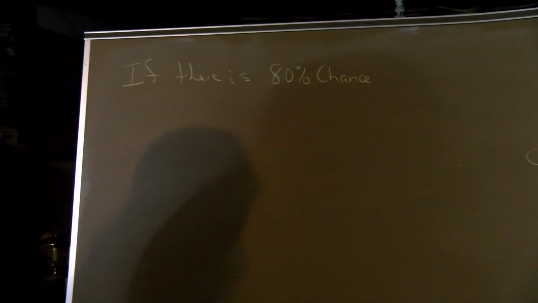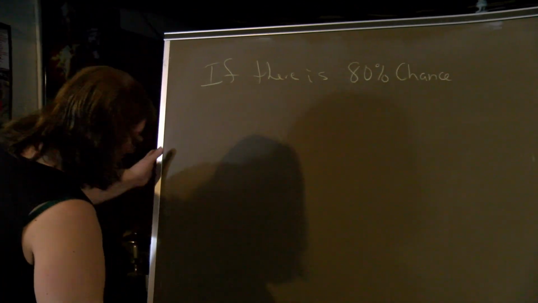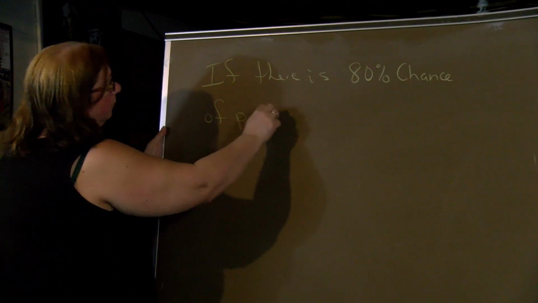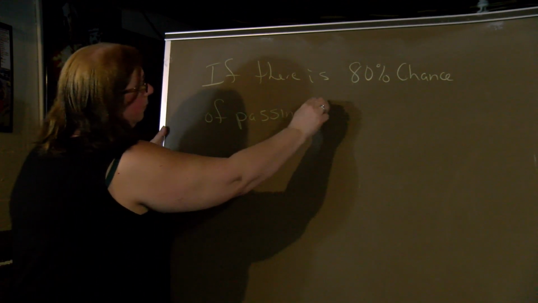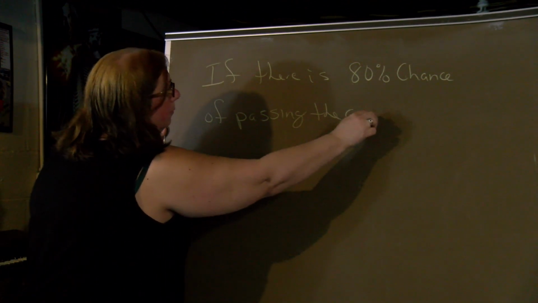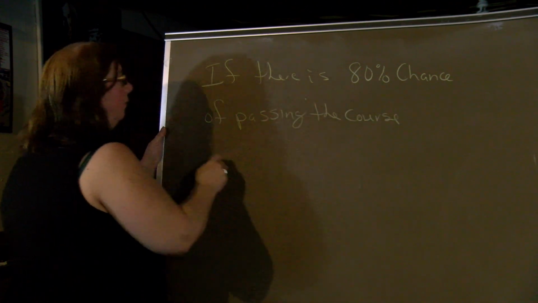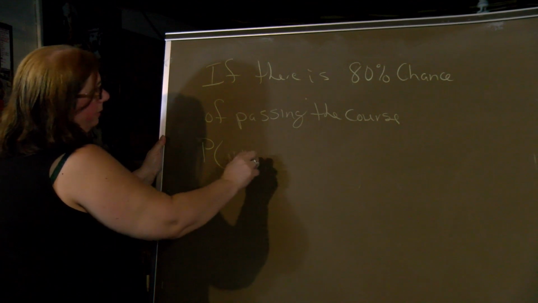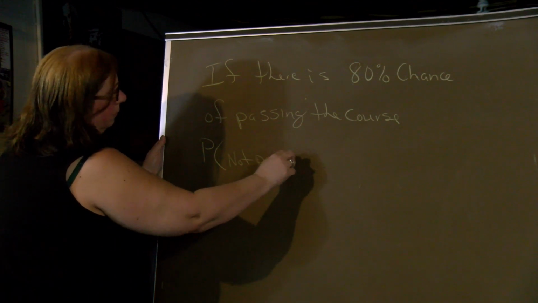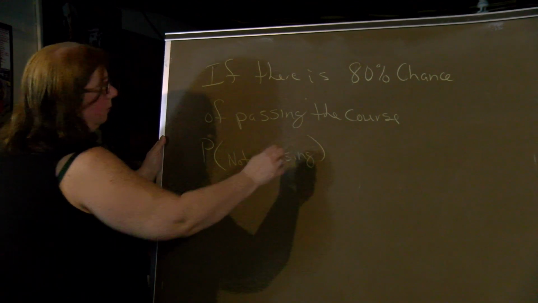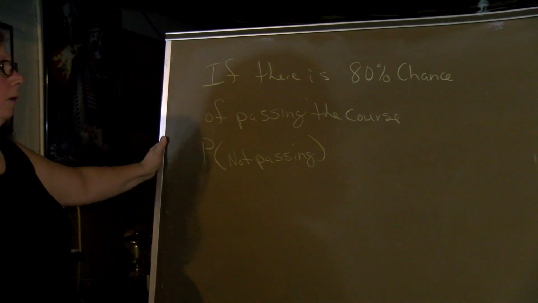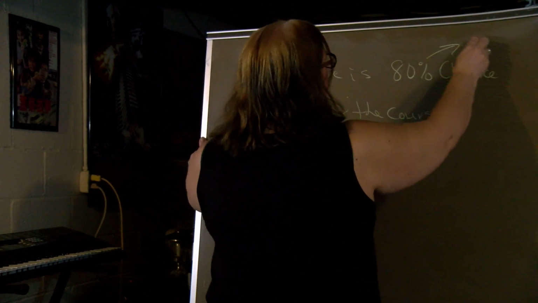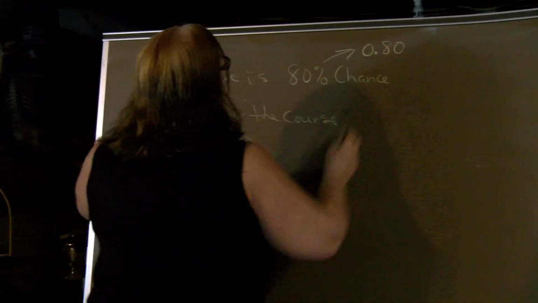If there's an 80% chance of passing this course, find the probability of not passing. Well, we know 80% is the same as 0.80.